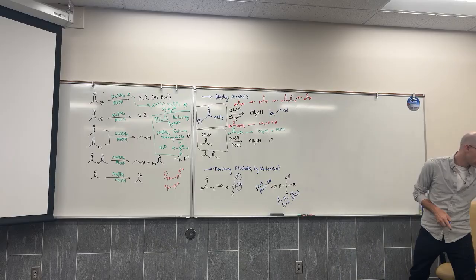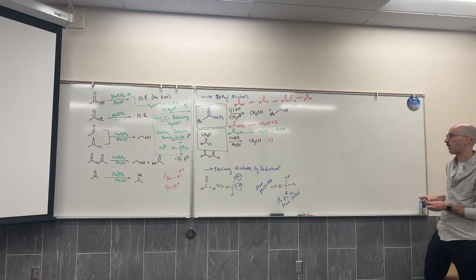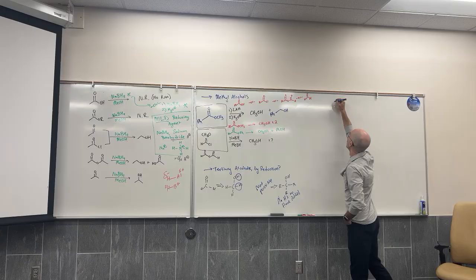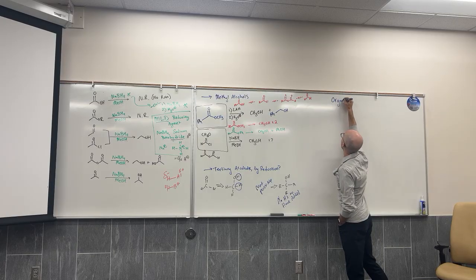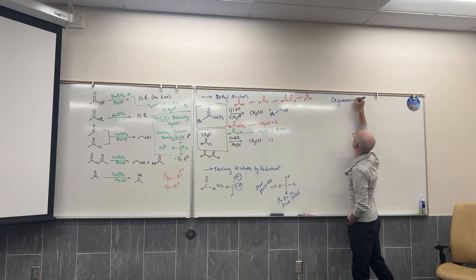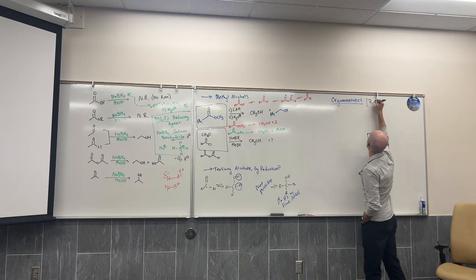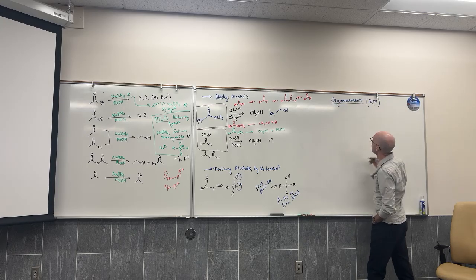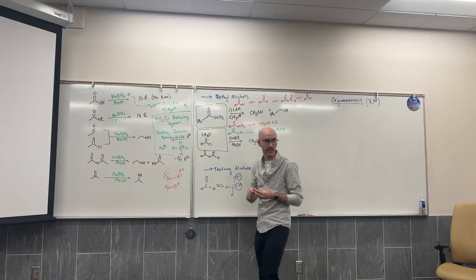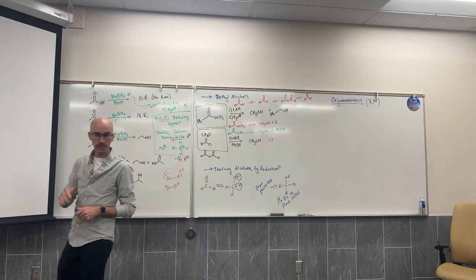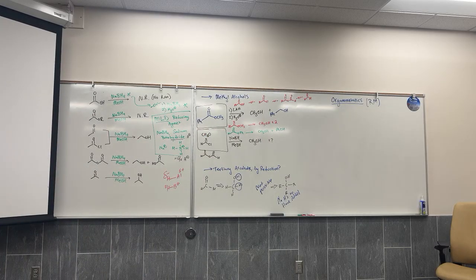So we introduce a new type of reagent, one that will help us get here. We introduce the organometallics. This is where you can flip your sheets. Now we're working on the back side of that same sheet.